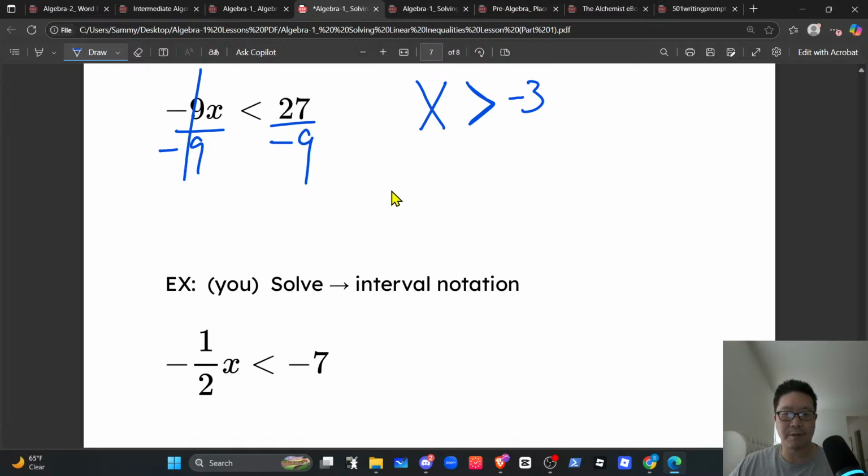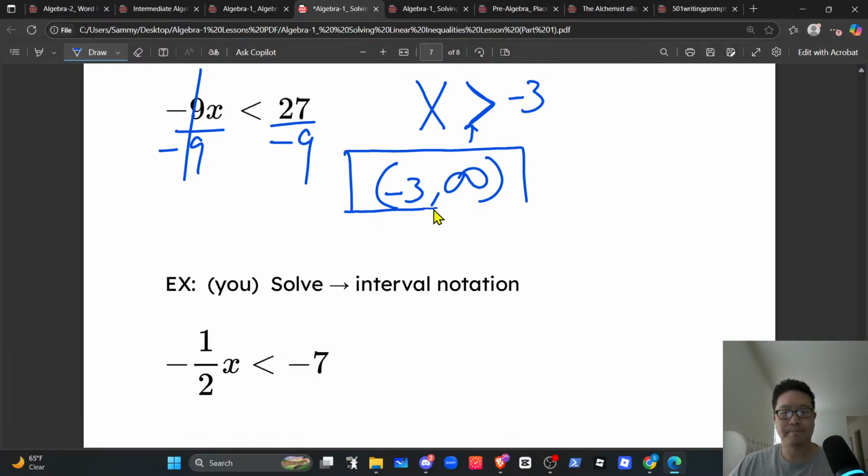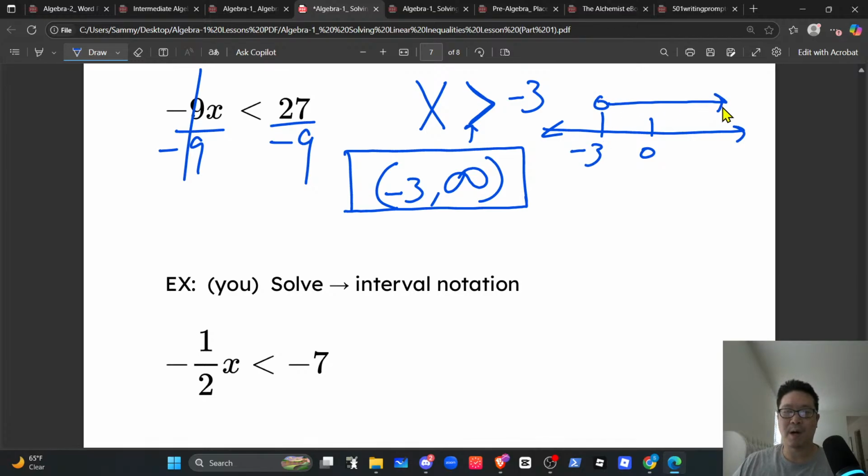So you're going to start with negative 3. And since it's a strict inequality, we're going to do a parenthesis. And it's going to go all the way up to positive infinity. Okay? And if you wanted to see this on the number line, it would be negative 3, open circle, pointing all the way to positive infinity.